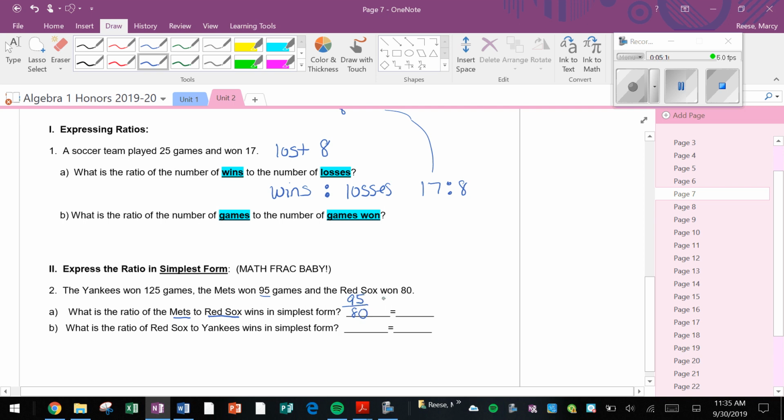Goes on the denominator. I'm going to reduce that. That means it's a 19 to 16 ratio. That means this: for every 19 Met wins, we will have 16 Red Sox wins. That's what that means. Let me say that again. For every 19 wins for the Mets, we will have 16 wins for the Red Sox. Okay? Again, you're going to do 2B, and we'll check it tomorrow. We're going to keep moving.